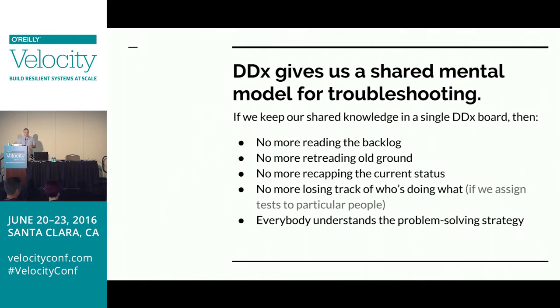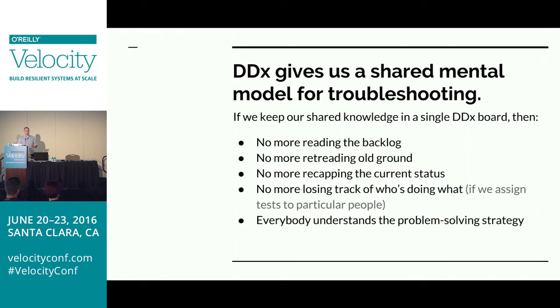It avoids having people go read the backlog, right? If we have a big whiteboard with all the stuff written on it and our current state of the problem, we don't need to read the backlog. We can just look at the board and see exactly where we are. We won't retread things that we've already tried because they're crossed out on the board. You can just point to it and say, we already tried that.